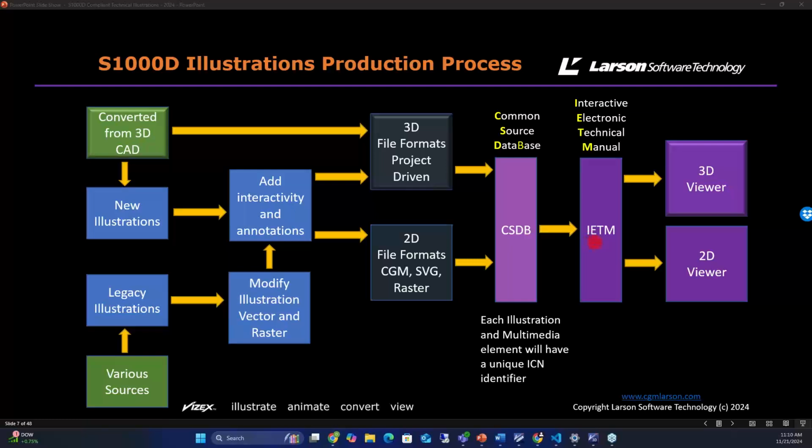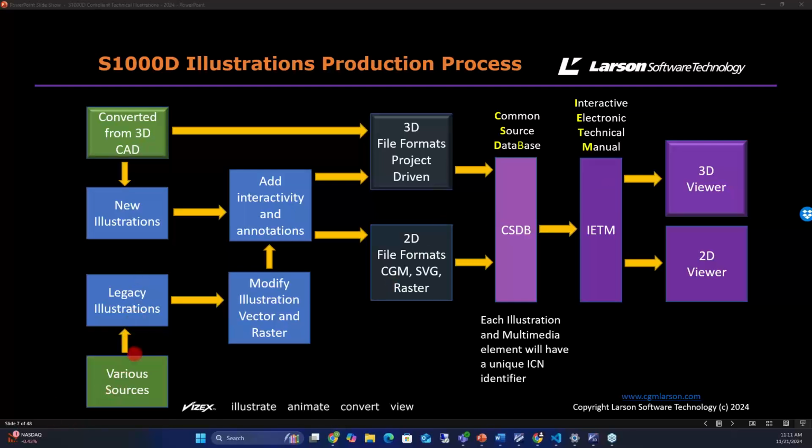We then go into the IETM, your interactive manual, and we then need a way of viewing that information within the IETM. So if you've got 3D data, you're going to need a 3D viewer of some ilk, or a 2D viewer. These are the prerequisites if you're going to deliver S1000D data.